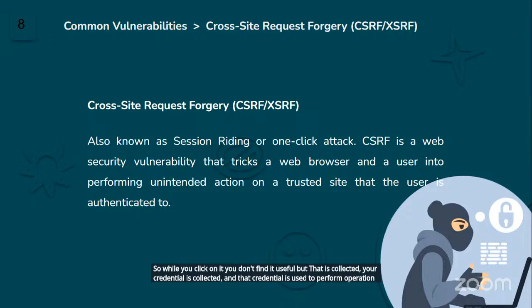That credential impersonates you, and it goes back to your Bank A to withdraw some money. Some people are victims of this attack. They say they didn't withdraw money, but their money has gone. That is what happened in some cases.